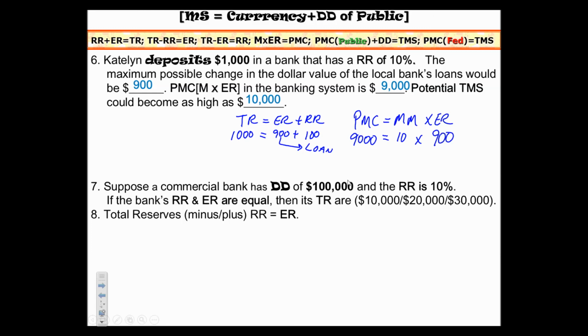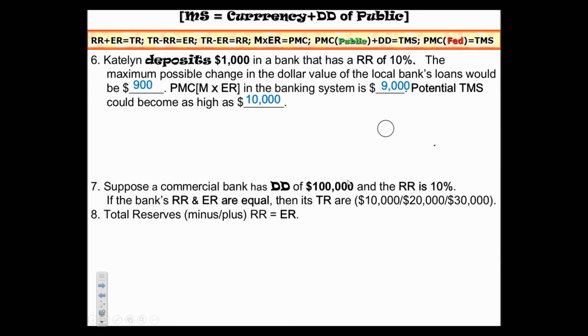All right, here's another one. Suppose a commercial bank has demand deposits of 100,000, and the reserve requirement is 10%. If the bank's RR and ER are equal, then its total reserves are how much? Once again, we're going to fill out our information. TR equals RR plus ER.